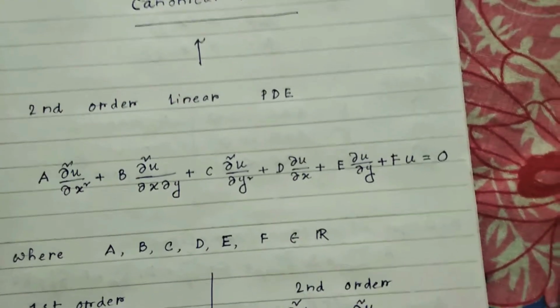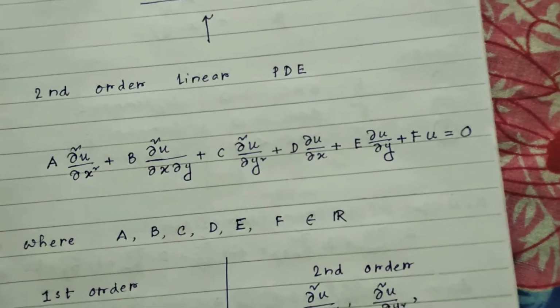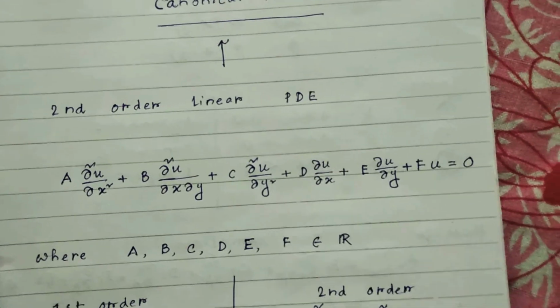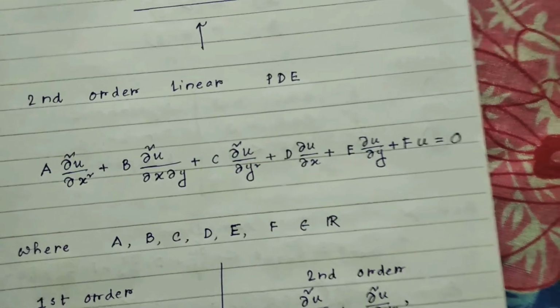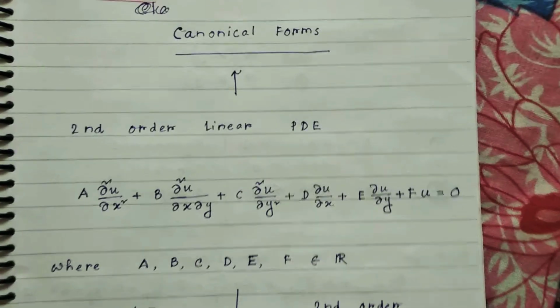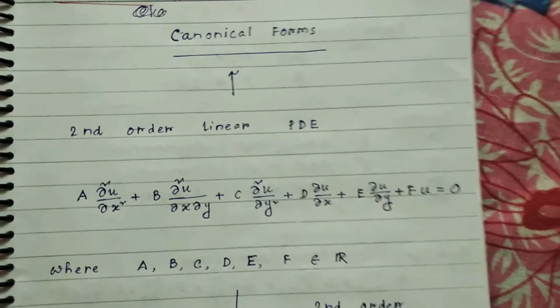These equations always represent a parabola, but if you move the coordinate axes, with some translation and rotation, you can always reduce it to y square equals 4ax.